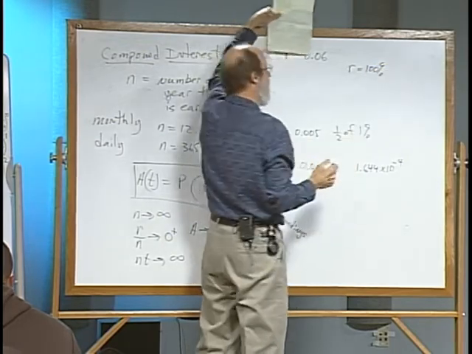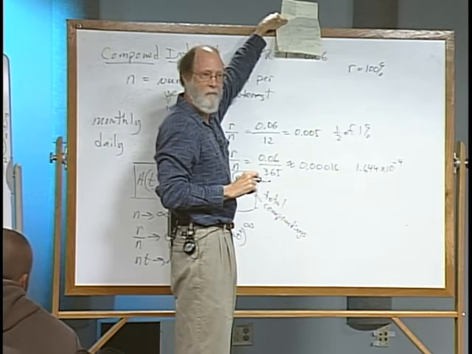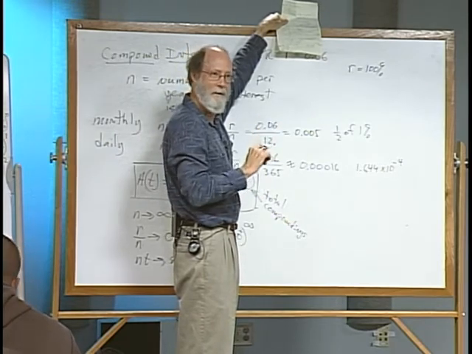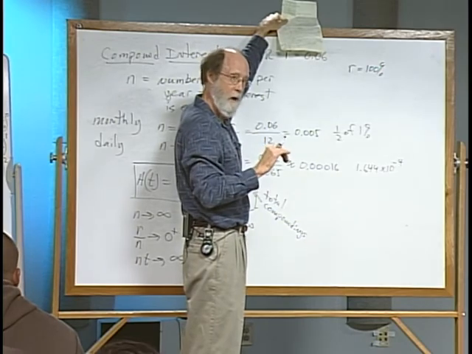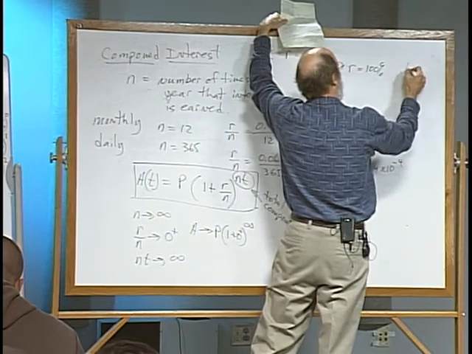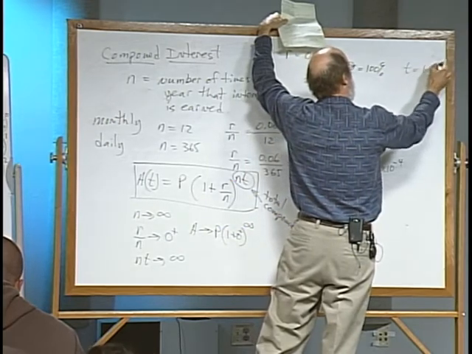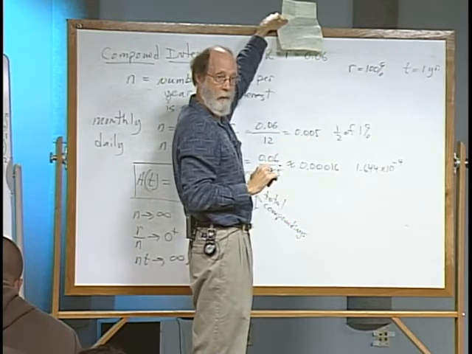So let's say we're getting 100% rate of return annually, and we're going to just leave it in for 1 year, t equal 1 year. That's going to make our equation a lot simpler.